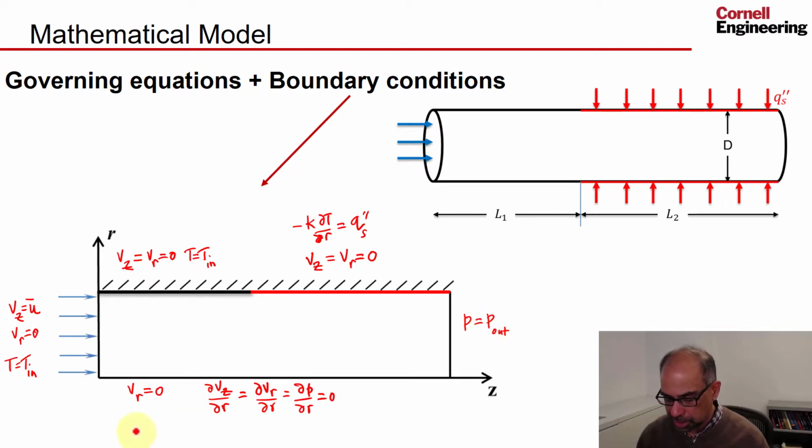It's just the pressure. And then also here, due to symmetry at the axis, we have dT/dr is equal to 0. Okay, so those are the boundary conditions we will put in when we get into the Fluent solver.